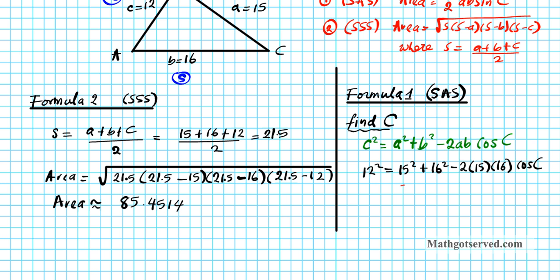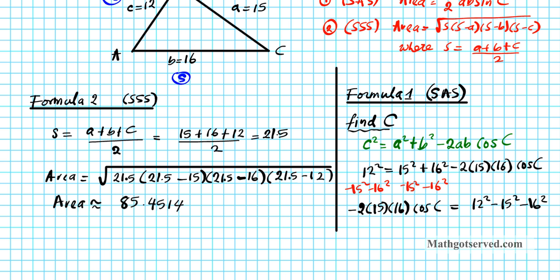So I'm going to subtract 15 squared and 16 squared from both sides. And that's going to yield, using the symmetric property of equality, negative 2 times 15 times 16 cosine C equals 12 squared minus 15 squared minus 16 squared.